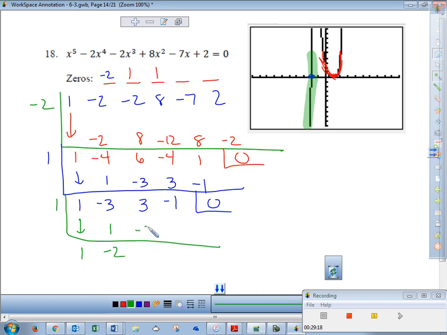Let's see here. -2, 1, 1, 0. You should be left with x squared minus 2x plus 1, and you want to know when that equals 0.